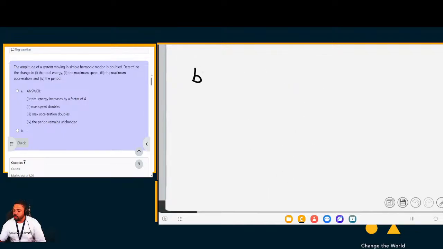Let's go to B. What happens to the maximum speed? In order to say what happens to the maximum speed, we need to know how to calculate it. The maximum speed, v, is equal to angular speed times the amplitude. Now they tell us that we are doubling the amplitude.